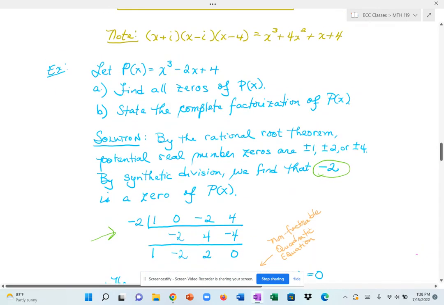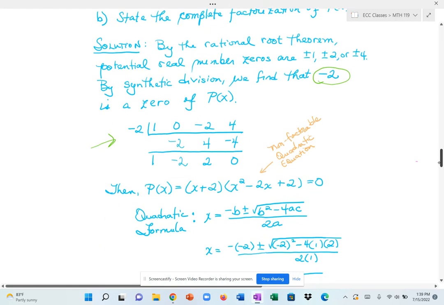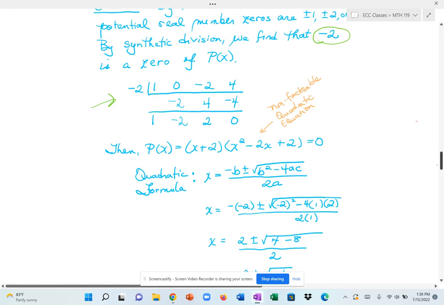So when you put your polynomial inside of the division bar here, you have to put a 0 to hold the place for the x squared term. So when you do the synthetic division, you end up with a remainder of 0, which means that the factor x plus 2, again, you pick the opposite sign, is a factor of this polynomial.